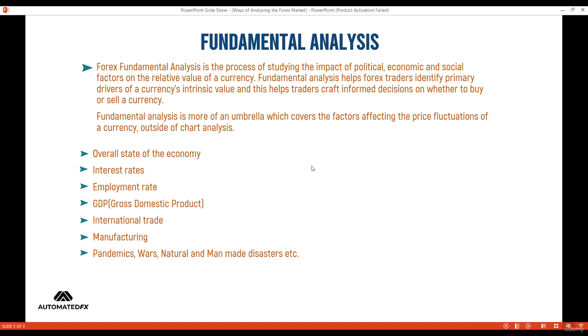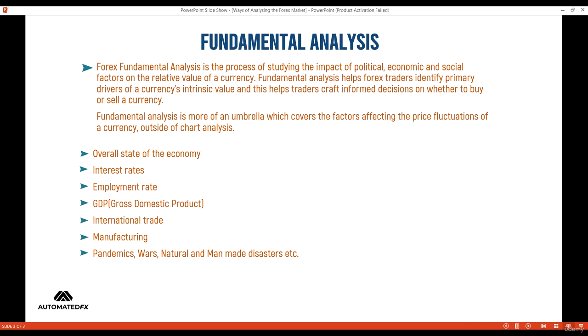Okay, so the fundamental analysis covers concepts like the overall state of the economy. Fundamental analysts will look at the overall state of the economy before investing in that currency. So if, for example, a fundamental analyst wants to analyze the US dollar, to see whether to go long or short on the US dollar on a long-term basis, of course, they'll have to look at the country, which is the United States of America.